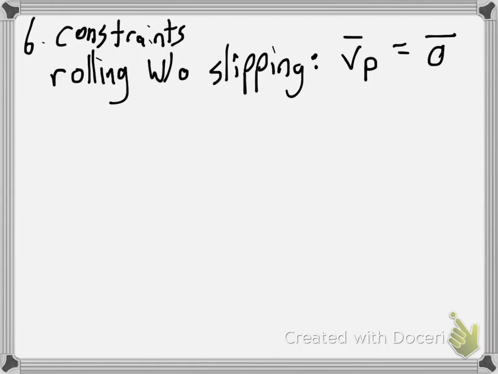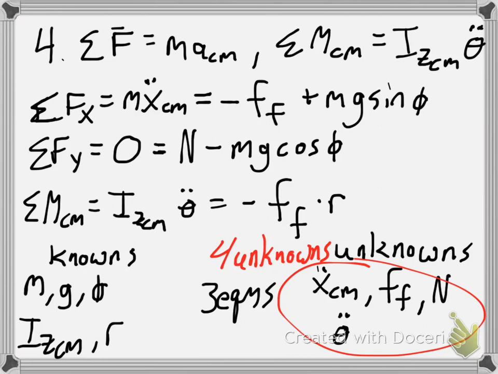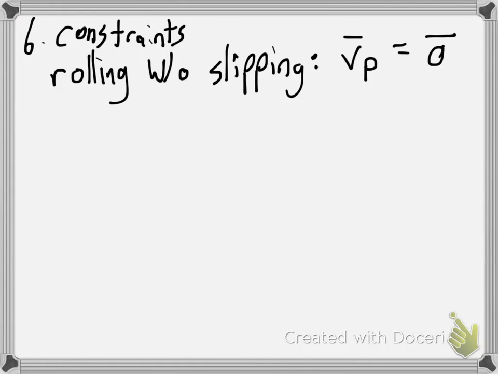All right? The question now becomes, how do I use that equation to get an equation relating at least 2 of my unknowns, so that I'll have 4 equations for 4 unknowns. How I do that is using one of the equations on your equation sheet, the relative velocity equation.